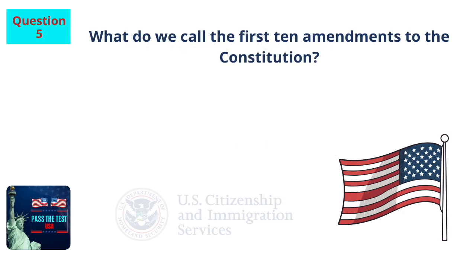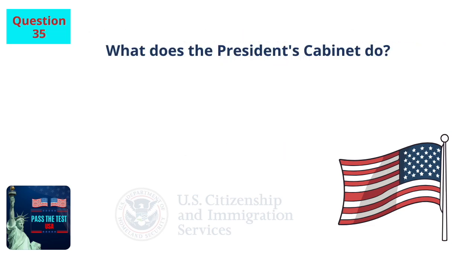What do we call the first 10 amendments to the Constitution? The Bill of Rights. What does the President's Cabinet do? Advises the President.